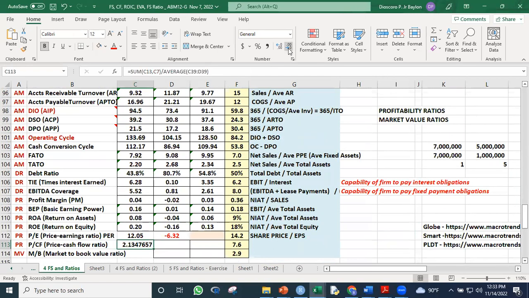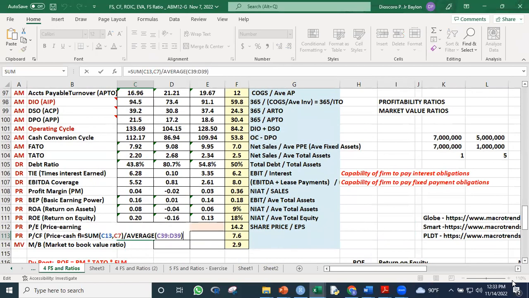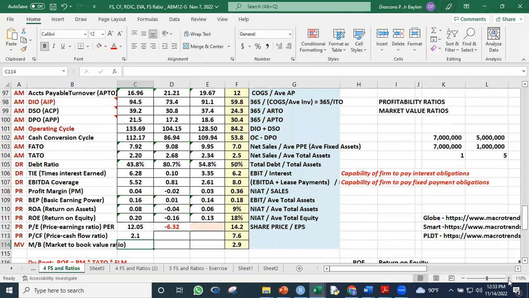Let me show that. Okay, so that's the formula.